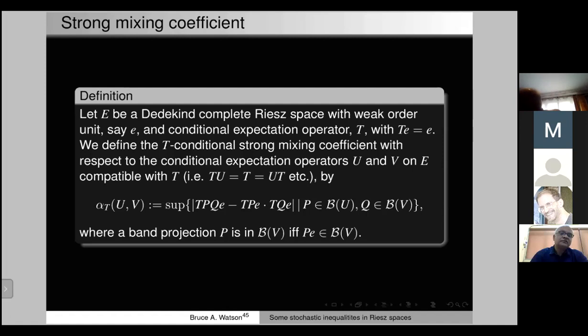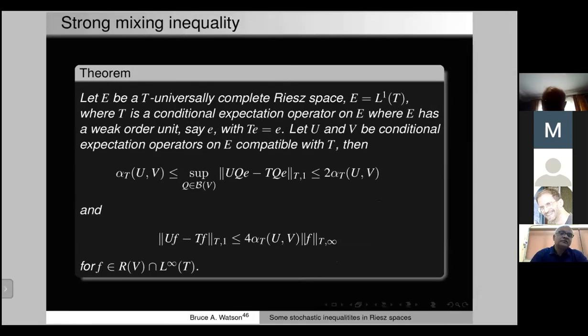It's one of the many mixing coefficients that can be defined. And by using the inequalities we've built so far, one can prove the so-called strong mixing inequality for it, as given here.